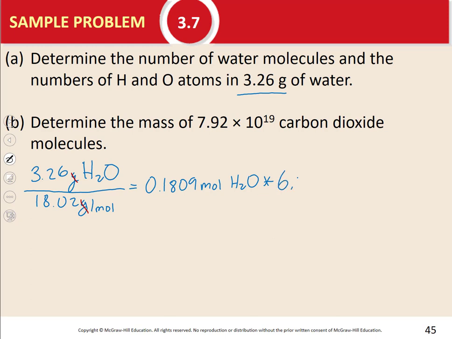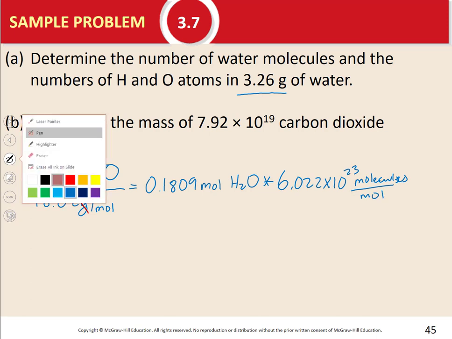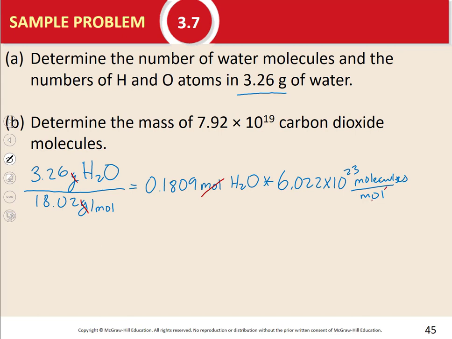So times Avogadro's number is going to be molecules per mole. Moles per mole. Do that. Now moles cancel, and we'll be left with molecules of water. I'm getting 1.09 times 10 to the 23rd.